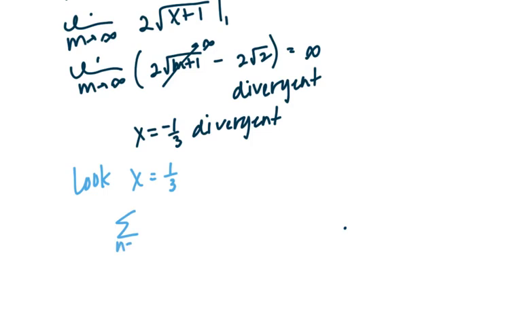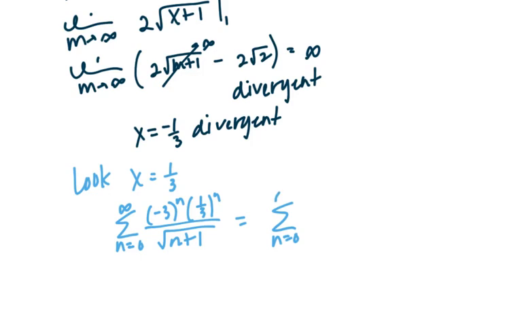So we have the same series from n equals 0 to infinity, negative 3 to the n, positive 1/3 to the n, over the square root of n plus 1. So this becomes the series from n equals 0 to infinity, and we have negative 3 times 1/3 is negative 1 to the n over the square root of n plus 1.